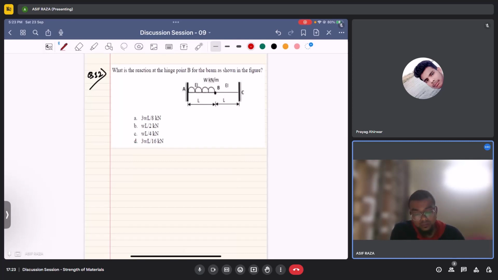In the midpoint, there is a hinge point B, and between A and B, a UDL is applied with the loading W kilonewton per meter. So we need to find the reaction developed at the hinge point B. Okay, I'll just draw this again.